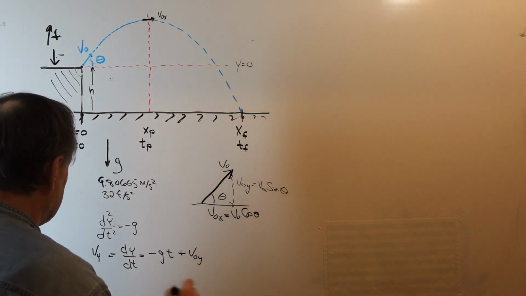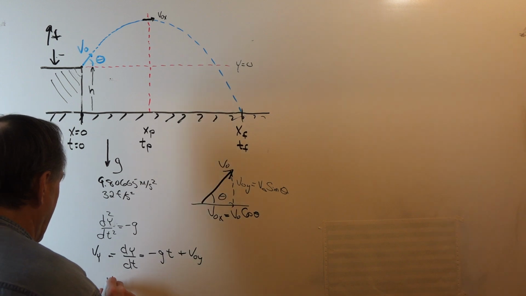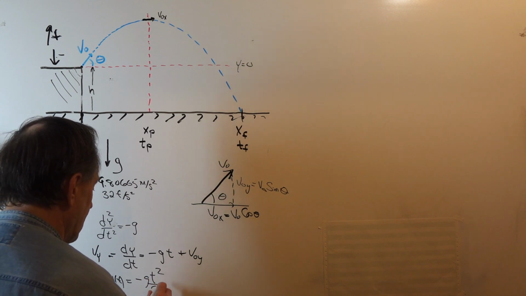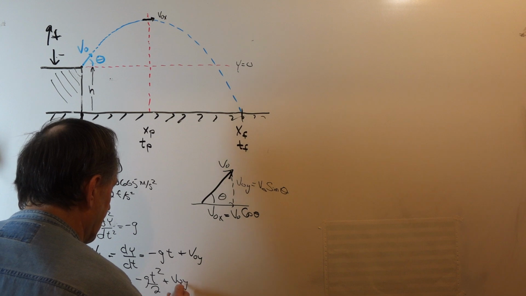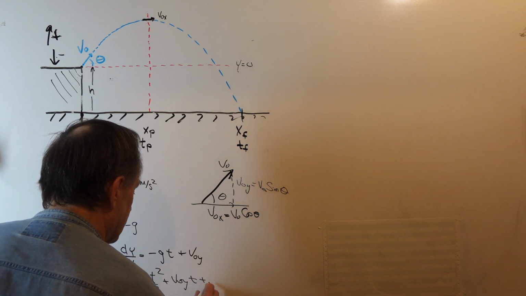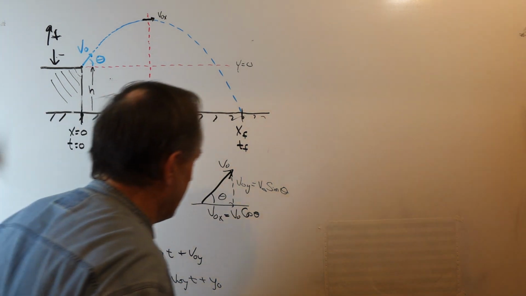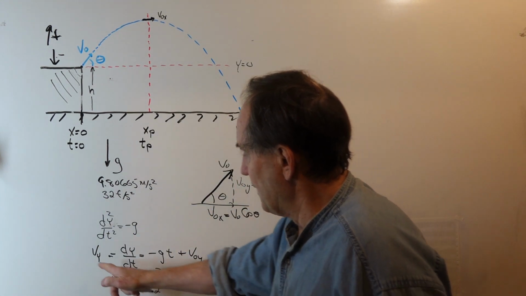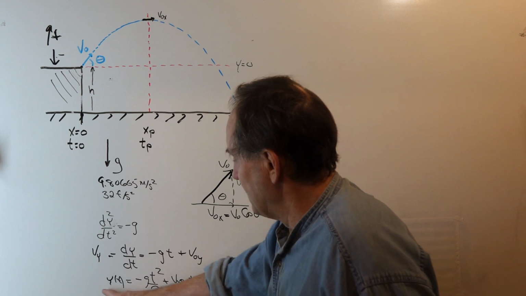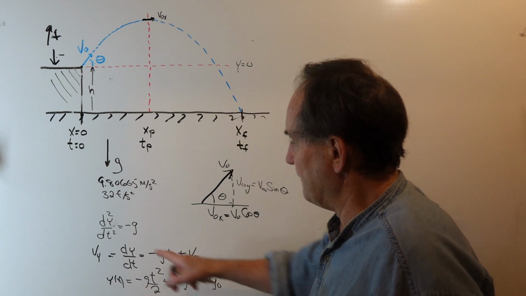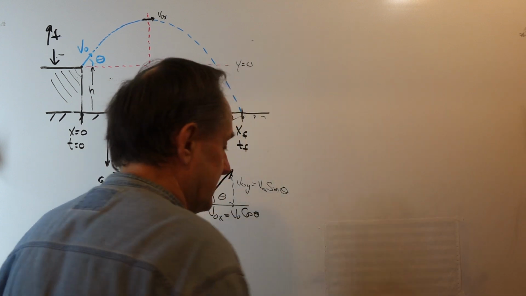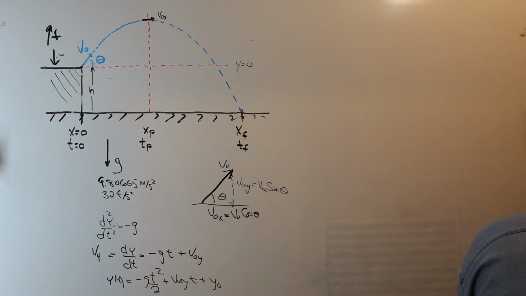And then if we integrate this a second time, we get y as a function of time, which is minus g t squared over 2 plus the initial velocity in y times time plus some initial y. These are our key equations here. We have the velocity equation, we have a position equation, and we have our acceleration equation. And we'll be using these to solve this problem.